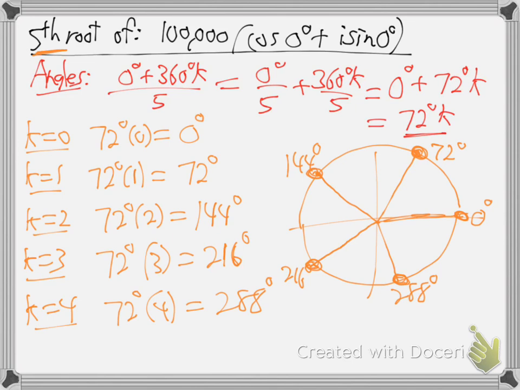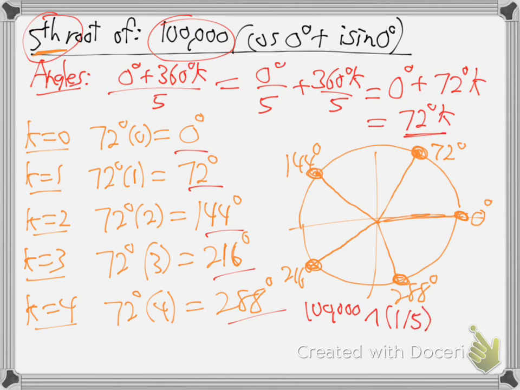All right, so let's keep going. So we got our angles: 1, 2, 3, 4, 5. So now we can write out our answers. But first we have to start with the fifth root of 100,000. Did y'all get that? 100,000 to the 1/5 power.